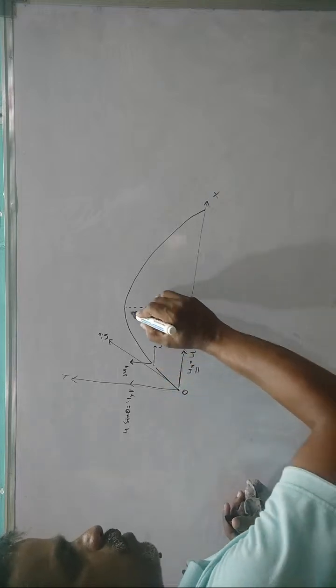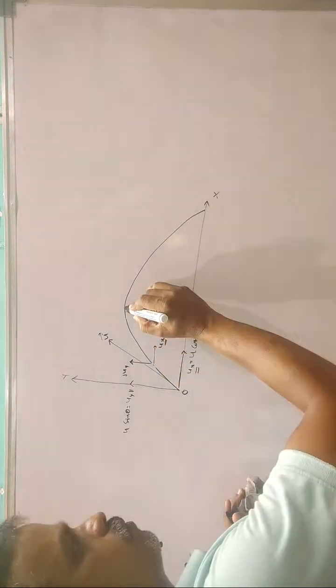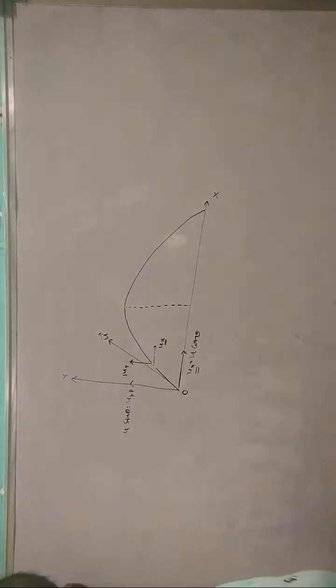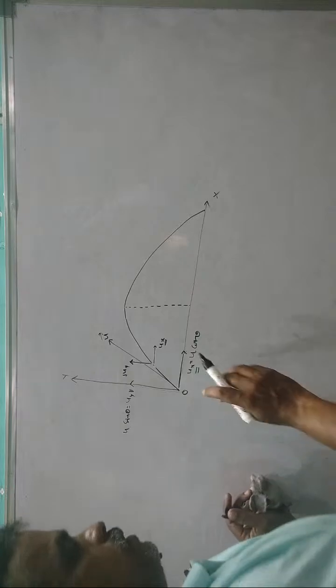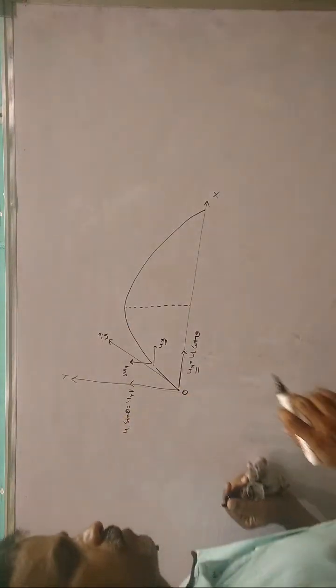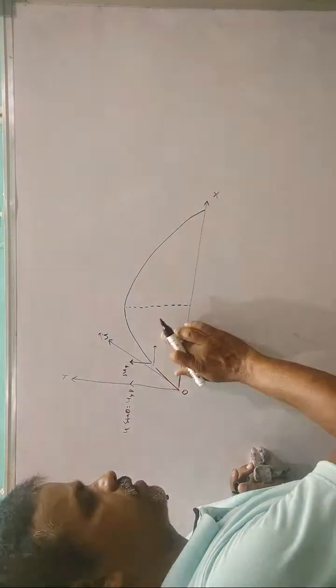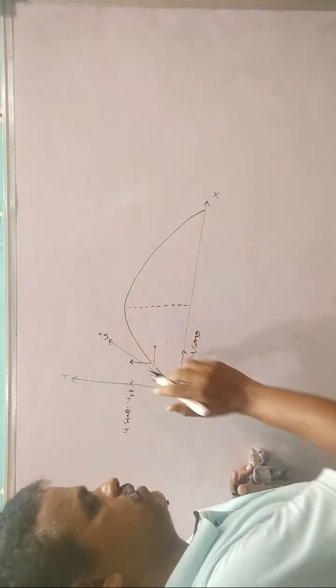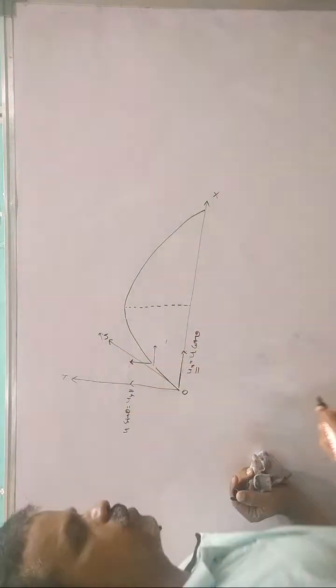Next, see the ux component. First you draw this one. This is along x-axis u cos theta, along y-axis u sin theta. What I want to calculate: the initial velocity of the body is u.